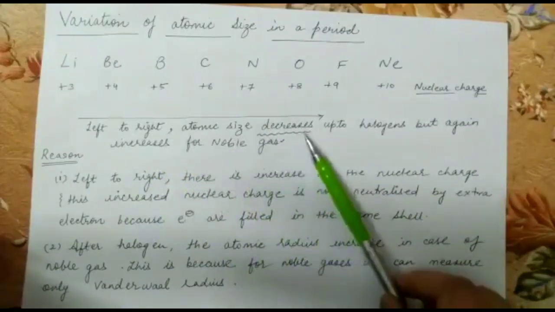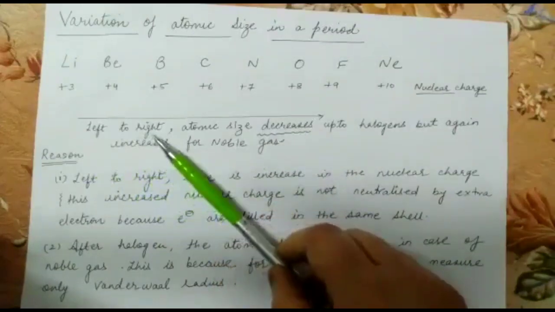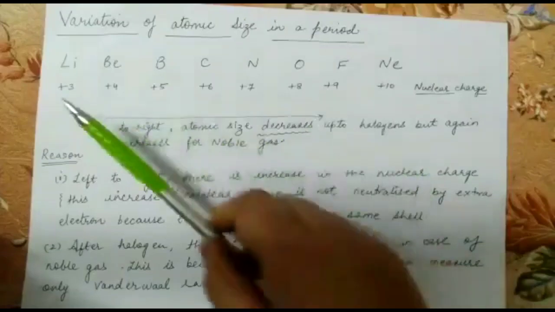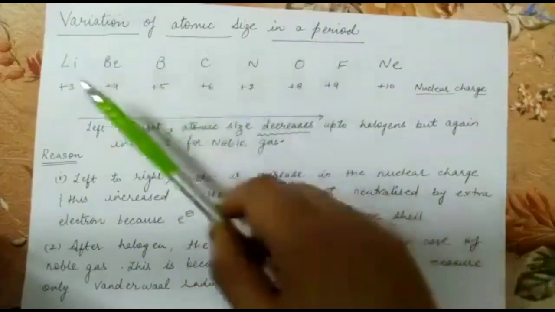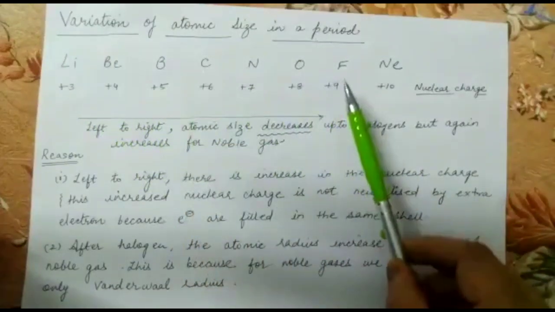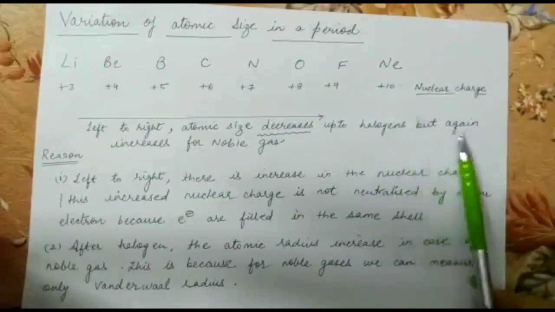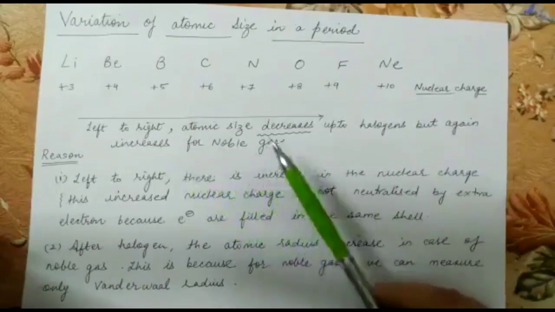Now listen very carefully. As we move from left to right, the atomic size decreases up to the halogens. Means as we move from lithium to fluorine, the atomic size will decrease, but again this size increases in case of neon. So again for noble gases the atomic size increases.